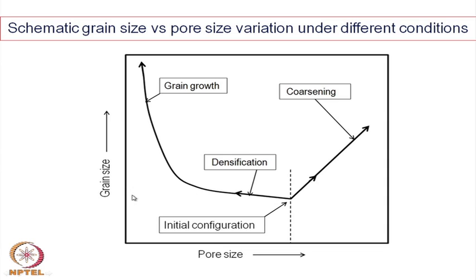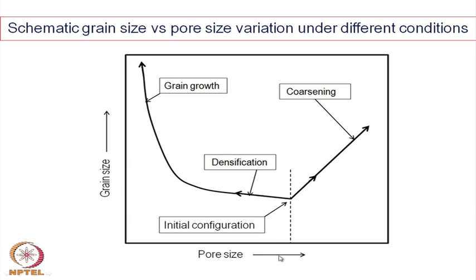Initially when a compact is made, particles are consolidated by some technique to form what we call the green compact before firing, and that green compact has a green density also. Depending on that density and the particle size, the pore size will be there, and then as we proceed with the sintering, the particles coalesce with each other and form grains.